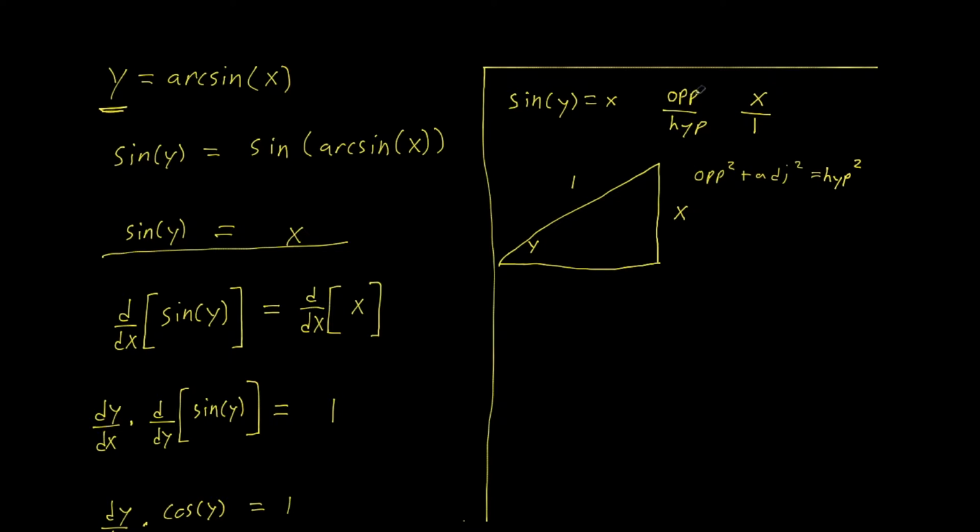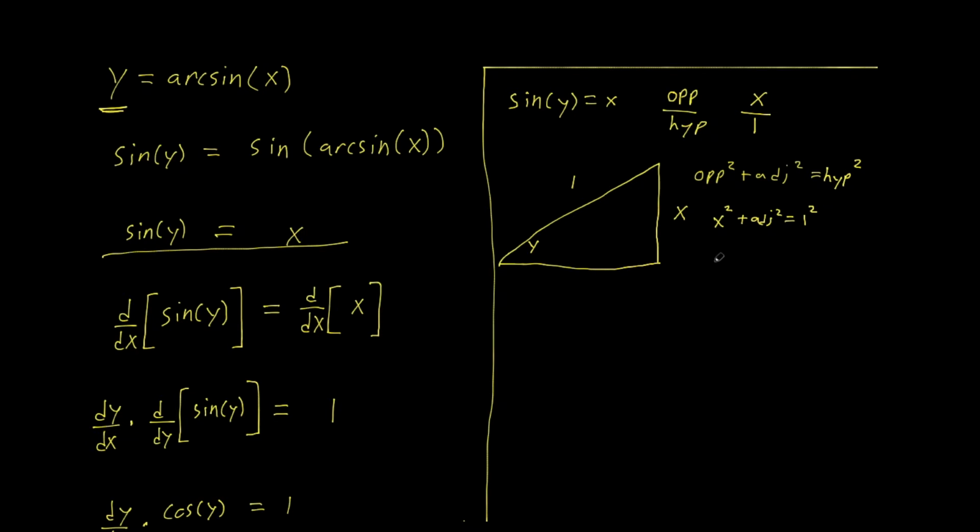Alright, so then we have the opposite equals x, so we have x squared. We have the hypotenuse, which is equal to 1, so we could say plus adjacent squared equals 1 squared, which of course is just going to be equal to 1.